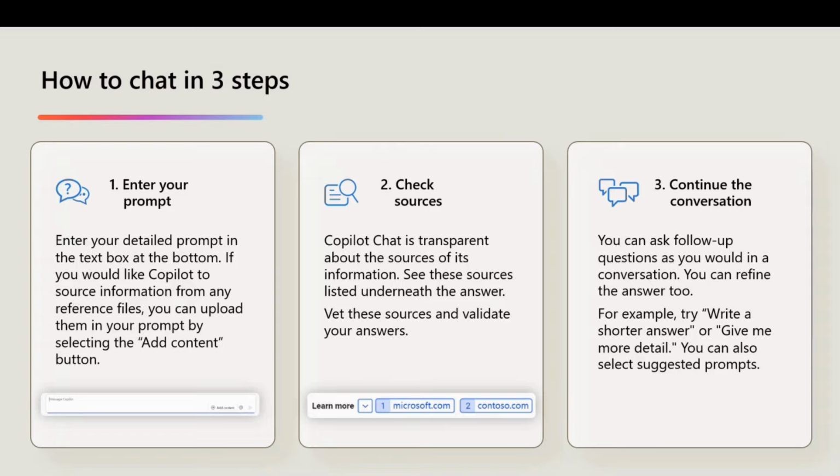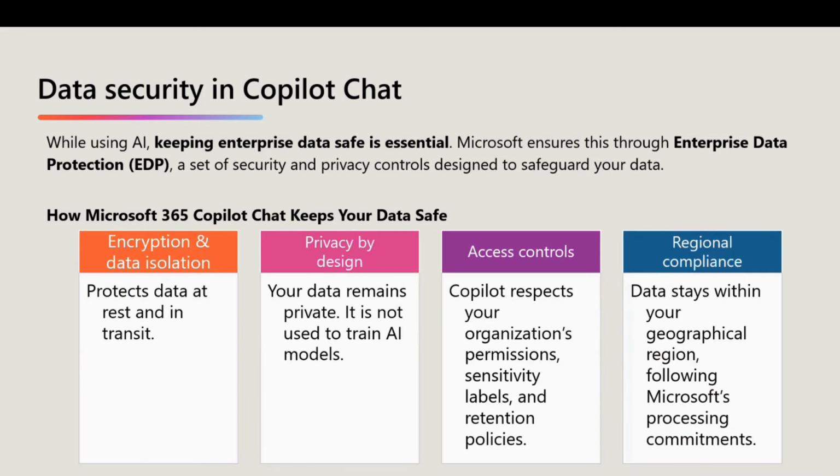Now, coming to the security part, data protection is essential. It is enterprise-level data, because at times we ask Copilot to draft an email or give enterprise-level data about revenues and the sales we have done. At times it is very private.